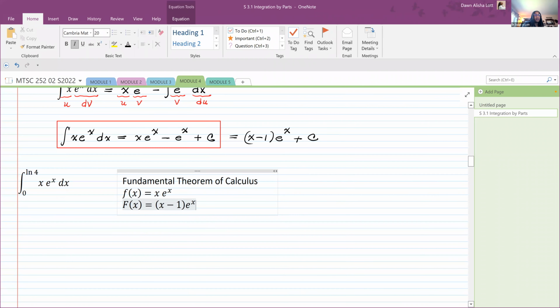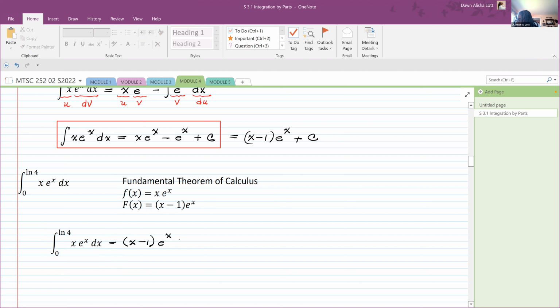So I have a function, and then I integrated it and got its most general antiderivative. The fundamental theorem of calculus says if I take this integral, I can take the antiderivative that we got, x minus 1 times e to the x, evaluated from 0 to natural log of 4.